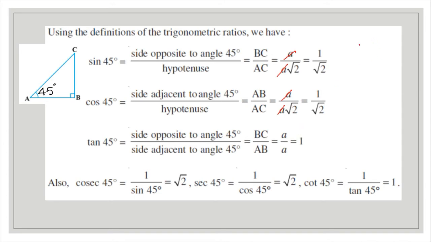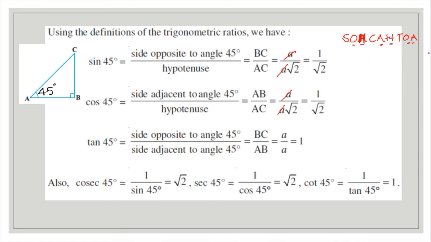As I mentioned, you can remember this as SOHCAHTOA. I made a mistake here. So SOH is opposite by hypotenuse, CAH is adjacent by hypotenuse, TOA is opposite by adjacent.